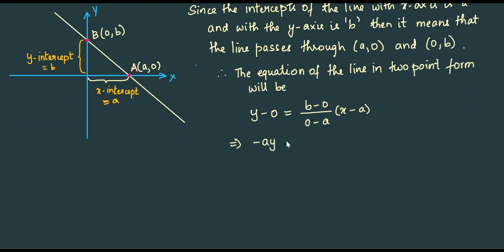Now multiply here, we get minus ay is equal to bx minus ab. Bring this to this side and ab on the other side. So we get bx plus ay is equal to ab. Now divide by ab.